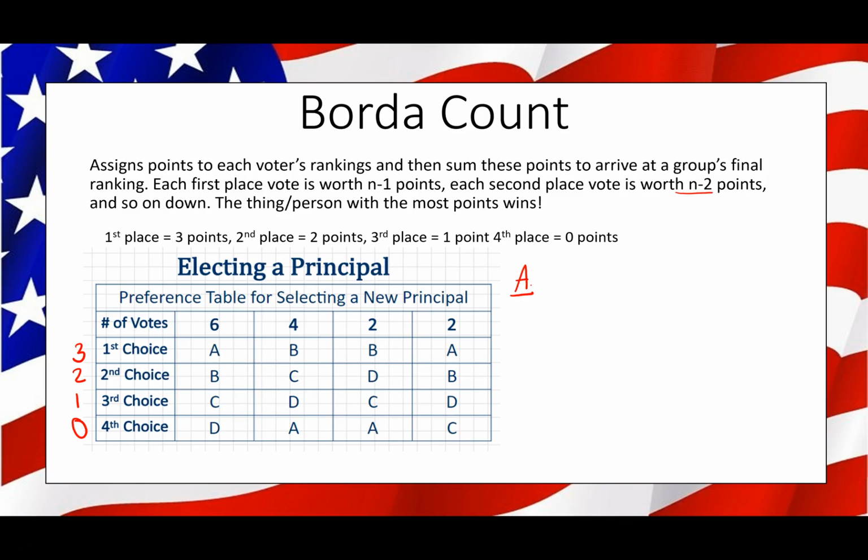For A, 6 people voted it first place. So we'll say 6 people gave it 3 points, plus 4 people gave it 0 points, plus 2 people gave it 0 points, plus 2 people gave it 3 points.